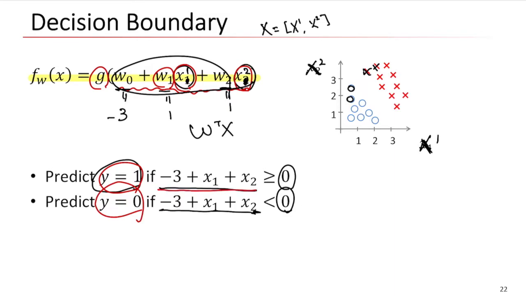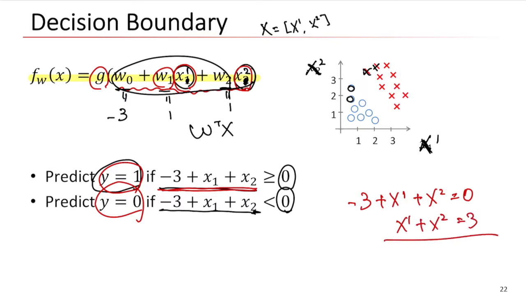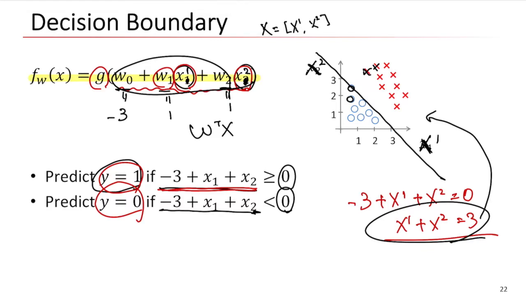And this means -3 plus x1 plus x2 is equal to 0, so x1 plus x2 equals 3. This equation represents a straight line, right? Across this straight line, this part will be y is equal to 1, and this part will be y is equal to 0.